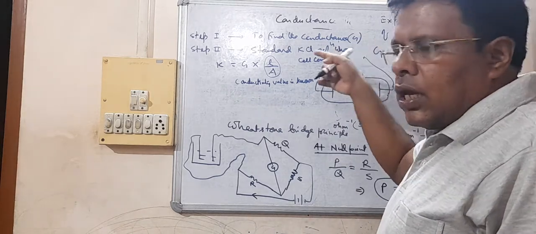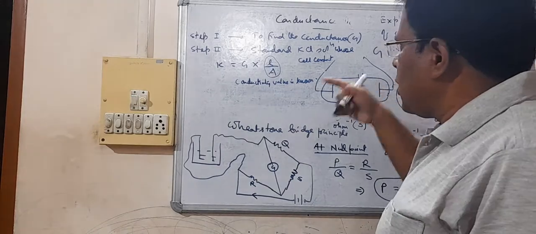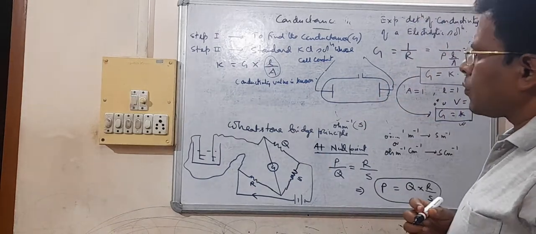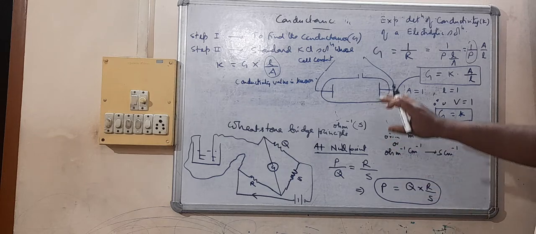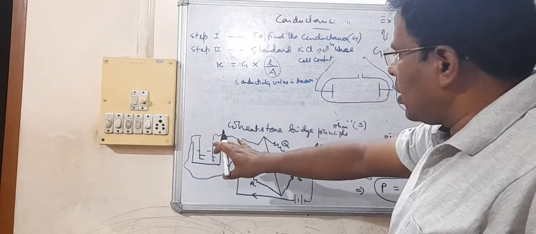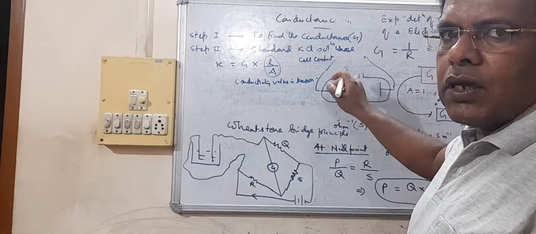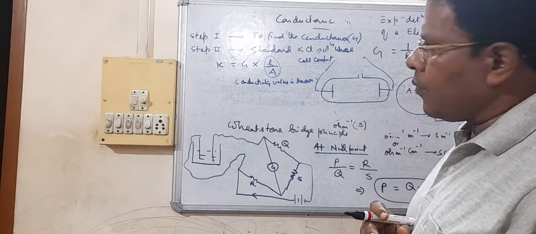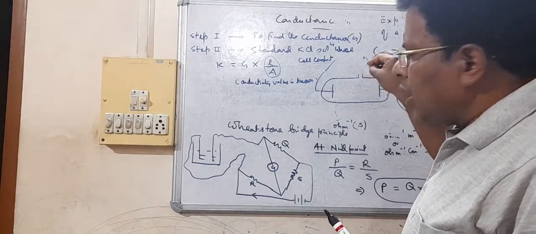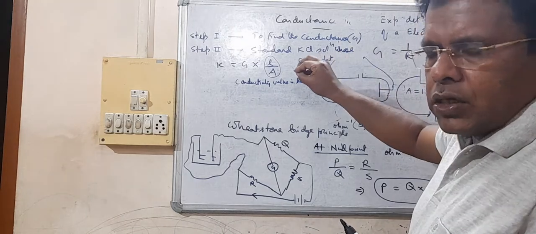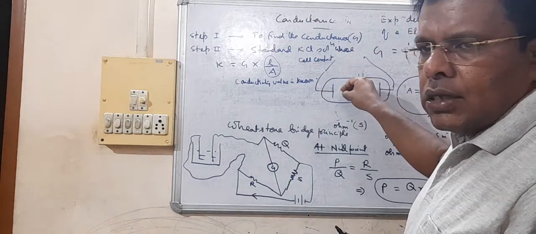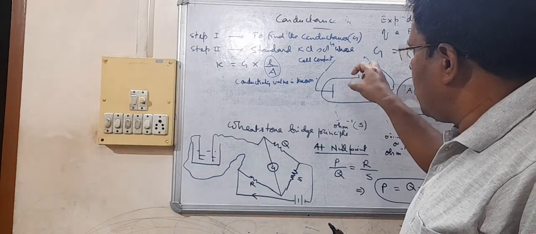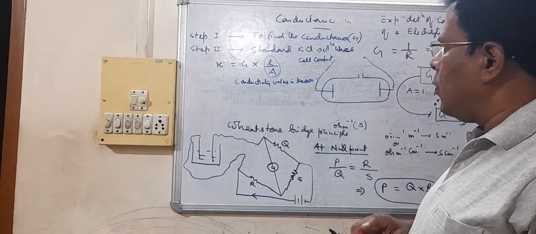Such a KCl solution, we take it here, and after that we measure the conductance of this KCl solution. Remember, the conductivity value is given in the literature, but after taking the standard KCl solution here, we determine the conductance value.